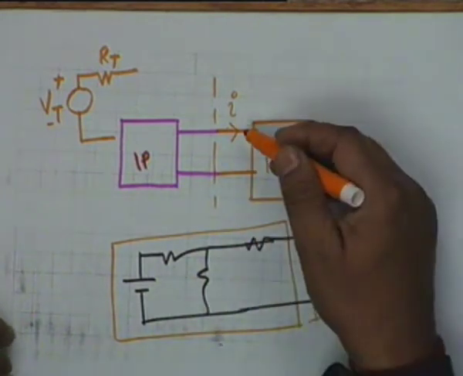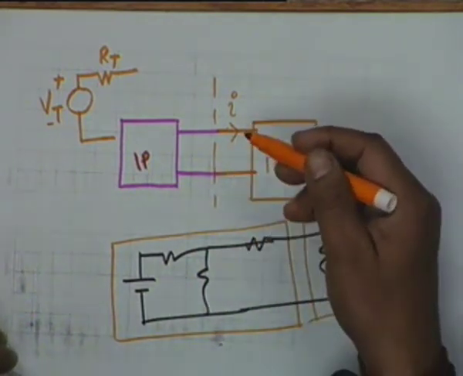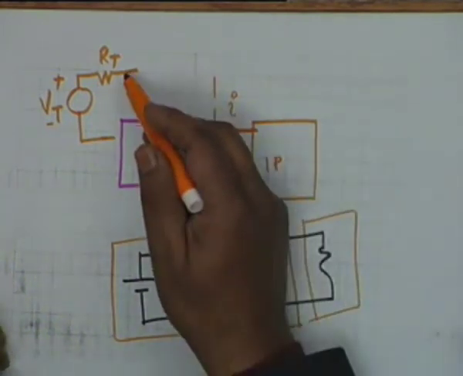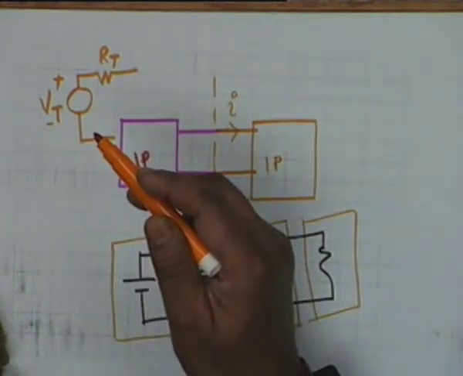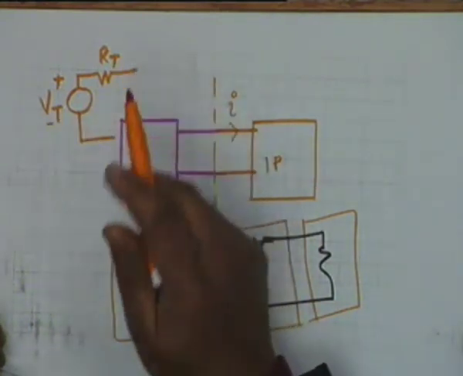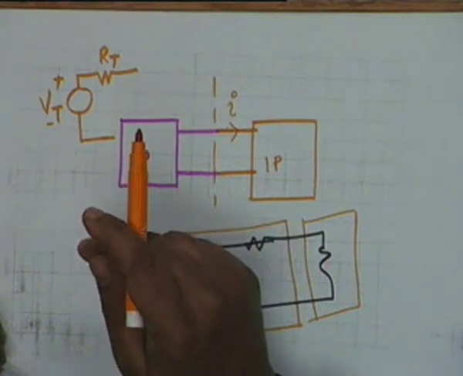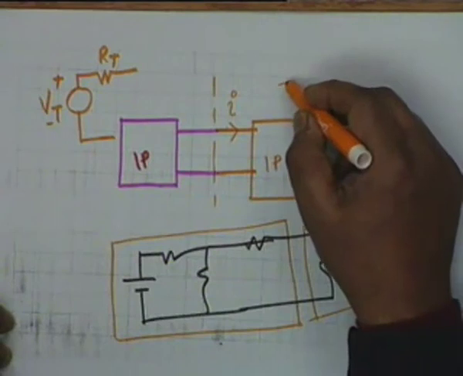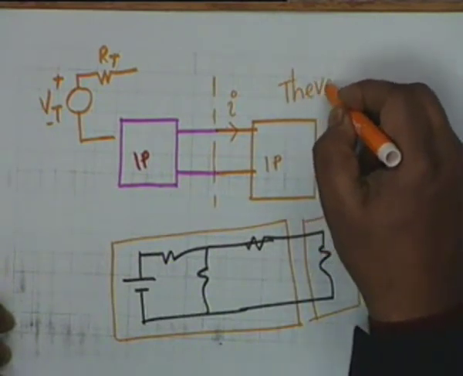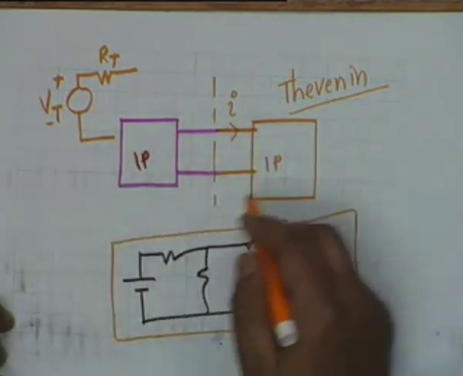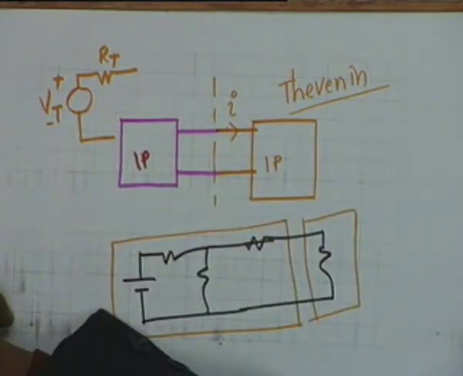In other words, I shall be the same whether you connect this one port, actual one port, or its equivalent circuit, and it is in that sense that this is an equivalent circuit. Alright, and this concept was first given by a gentleman named Thevenin, and this is called Thevenin's theorem.